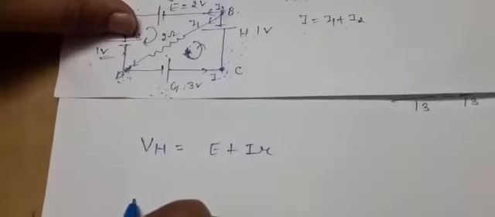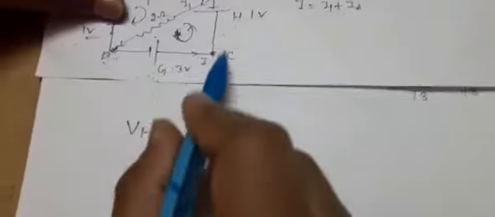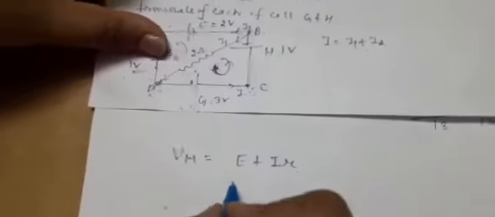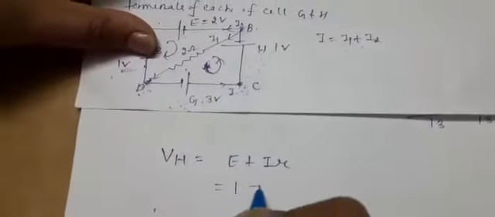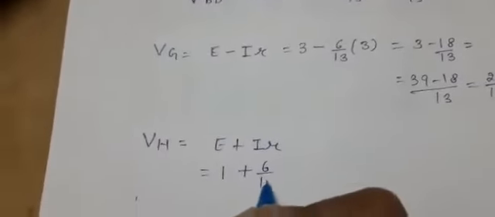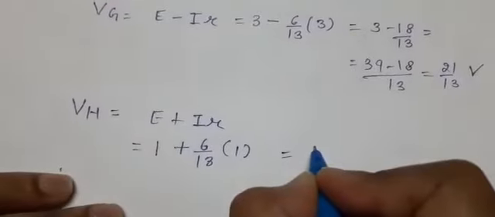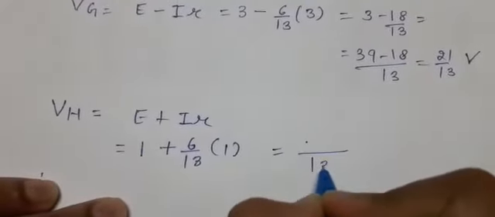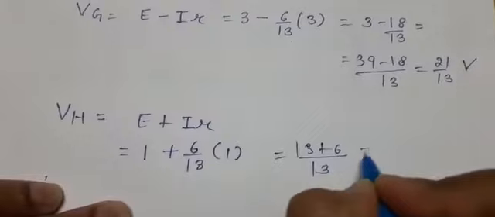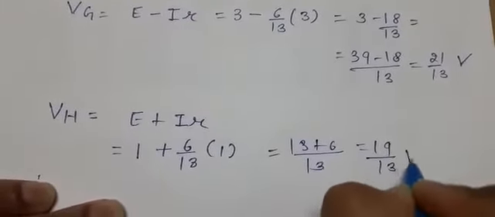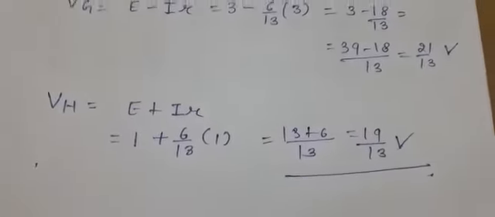This is the basic difference. This was a charger cell and this is the cell to be charged. So here its EMF is 1, the current here we have obtained is 6 by 13 and the internal resistance is 1. Taking the LCM, this is 13 plus 6, that is 19 by 13 volt.